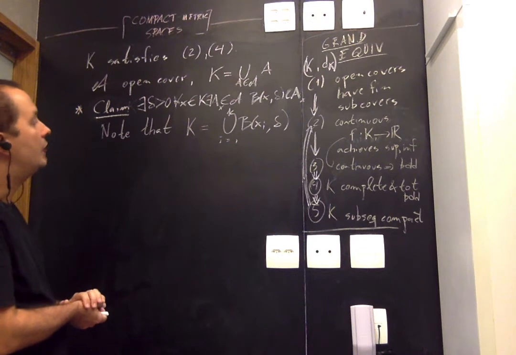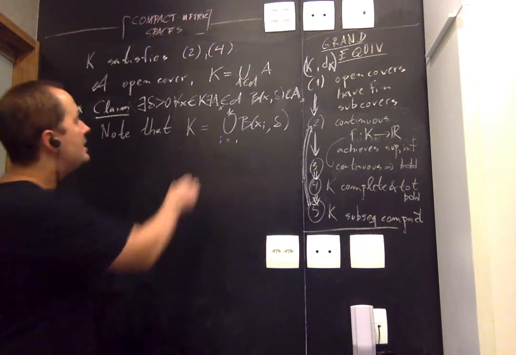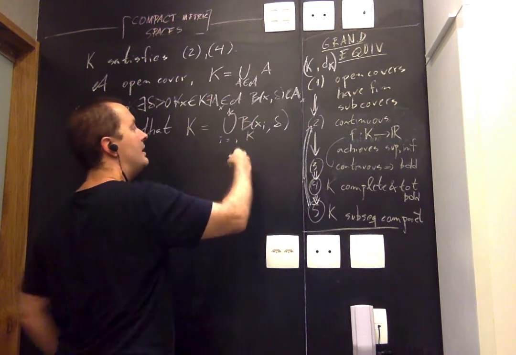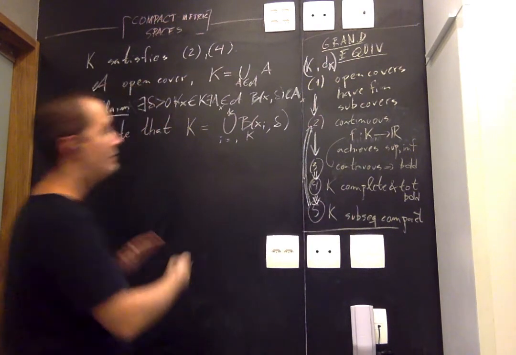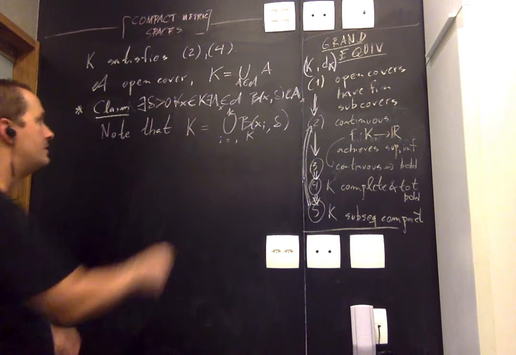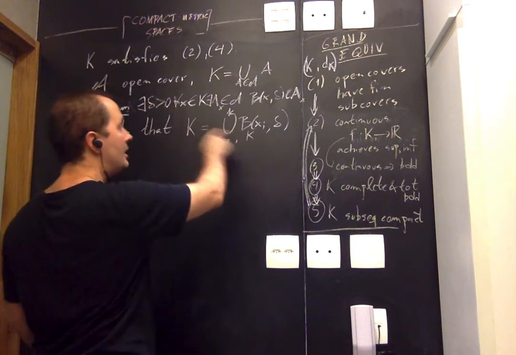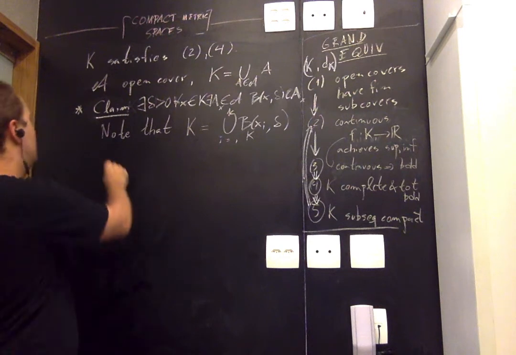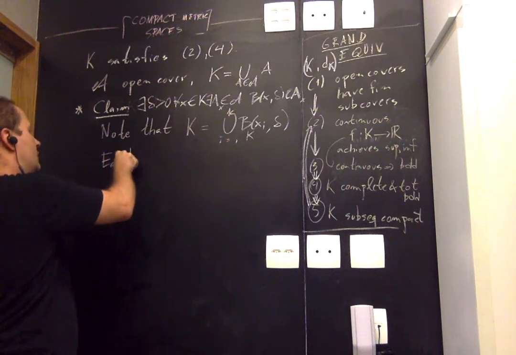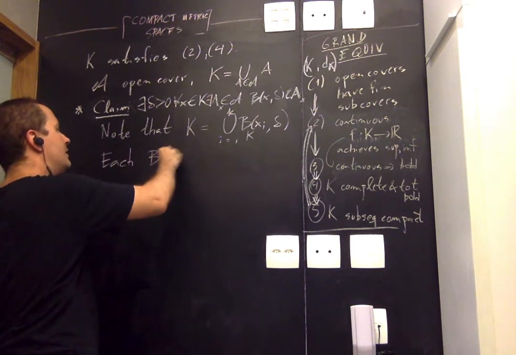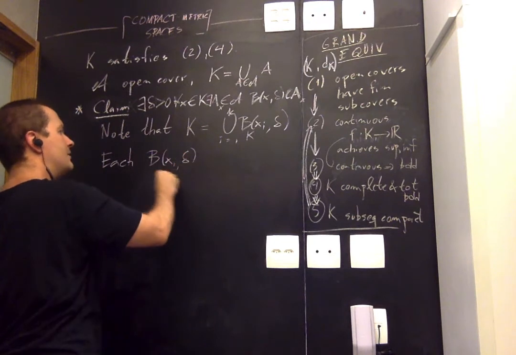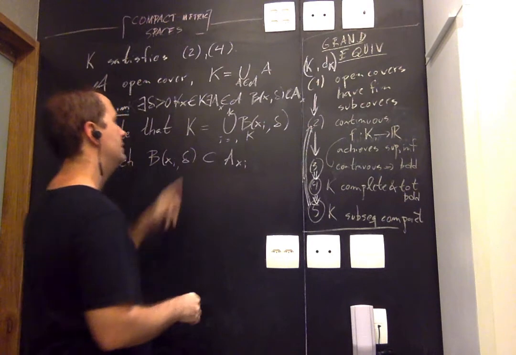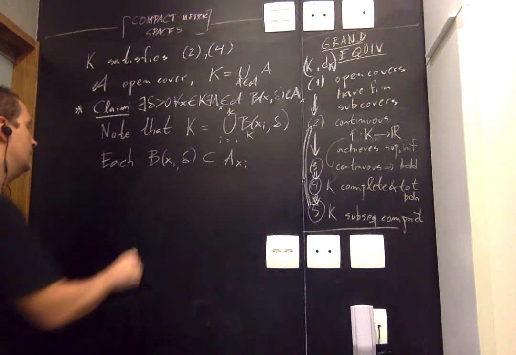And why is it equal? Why is it not just contained? Well, because in our setting, we are working with K as the whole metric space, so there's nothing outside of K. So saying that K is contained in this union means that K equals this union. Big deal, so what? Notice that each ball like this, if our claim is correct, is contained in A sub x_i, one set in the cover.